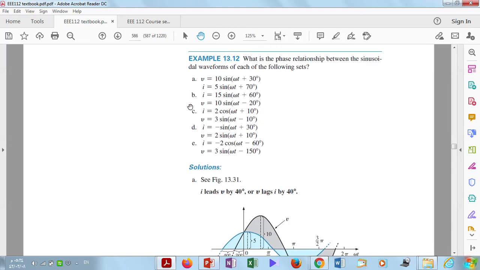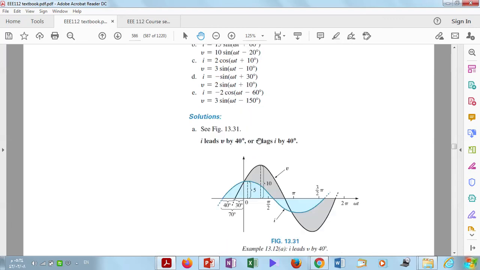Here, let us go to C. And B, D, E, you can go by yourself. C is 2 cosine omega t plus 10 and 3 sine omega t minus 10. Can we see the shift between them, 20? No. We need to convert cosine to sine and then determine. What is the property to convert cosine to sine?